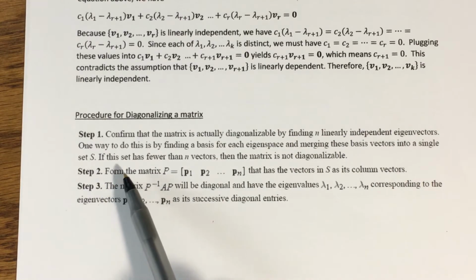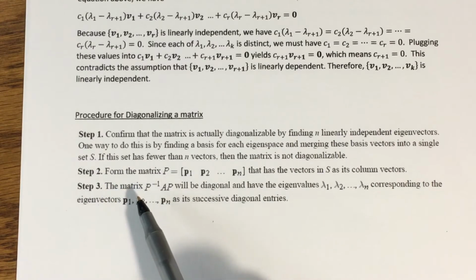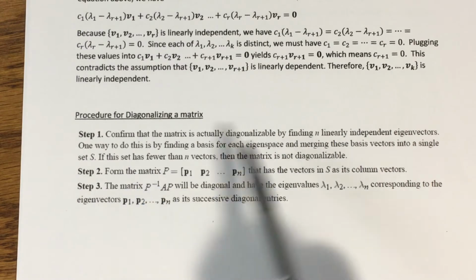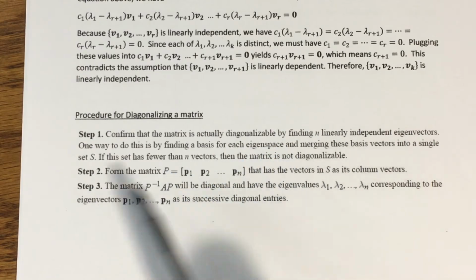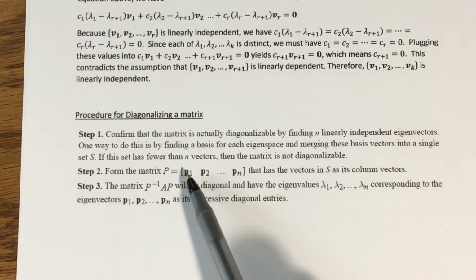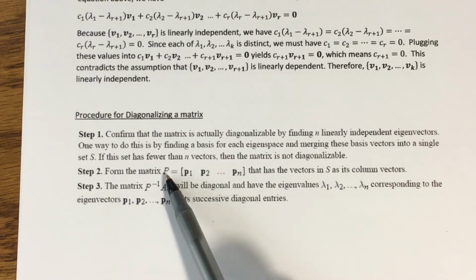Okay, so the next thing you want to do, once you've found those bases for your eigenspaces, is take all of the vectors across all of those bases and turn them into columns for this matrix P. That's going to be the matrix that diagonalizes your matrix.